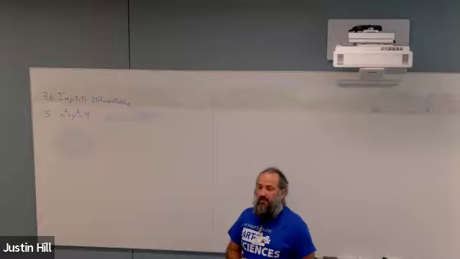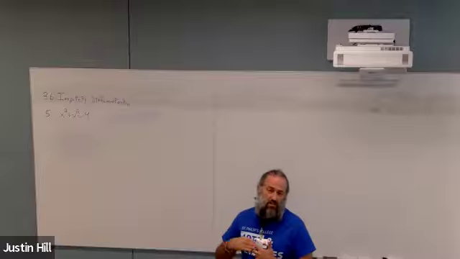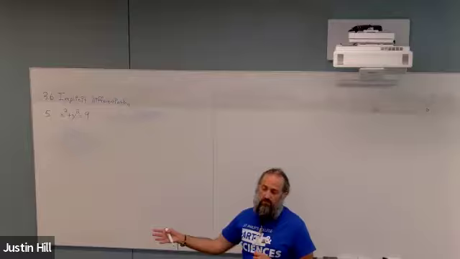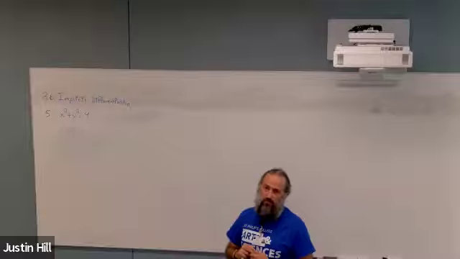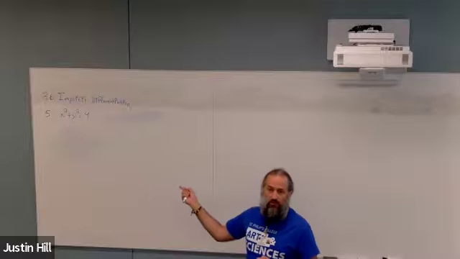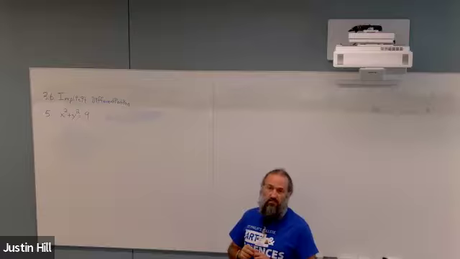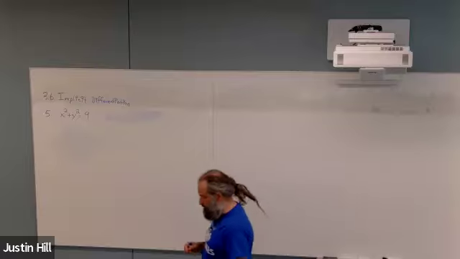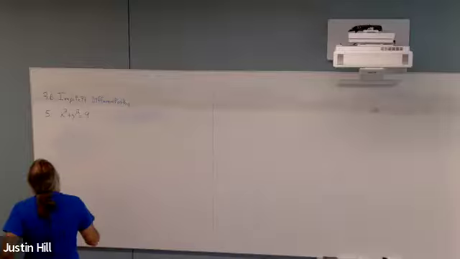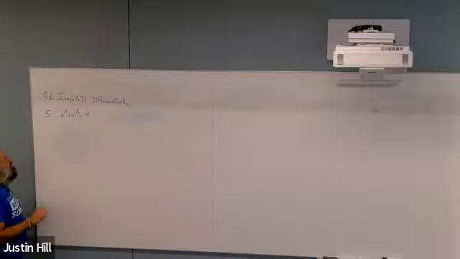And like I said, I'm actually not going to introduce any new technique, and we're not going to go back to the definition of a derivative. We can take the derivative of this based off of what we already know, based off how we've taken derivatives.